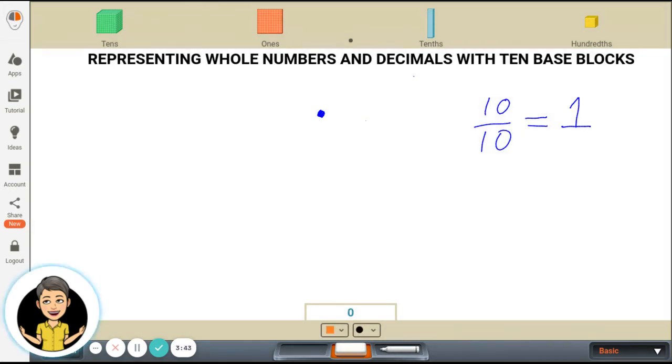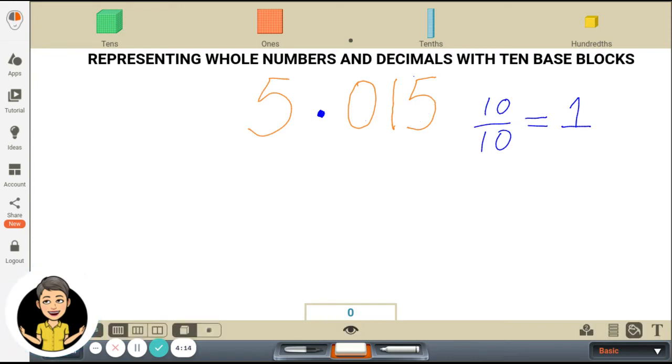Let's represent 5 ones, or 5 wholes, and 15 thousandths. Let's do it.